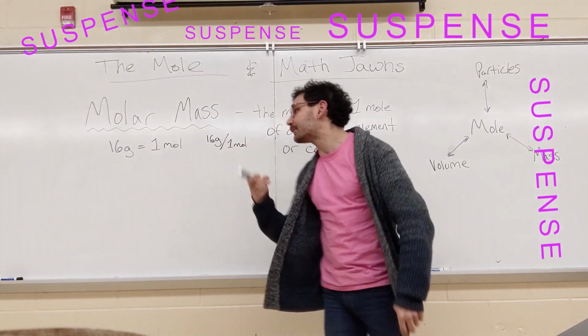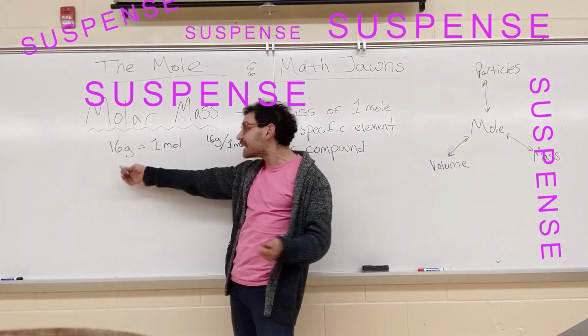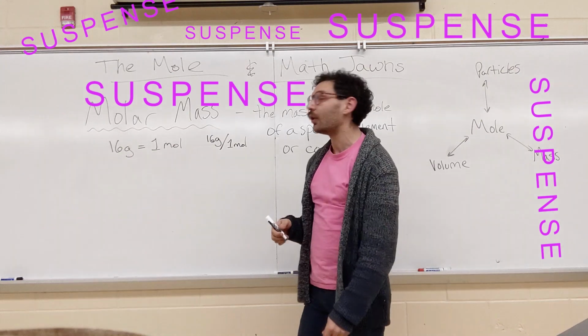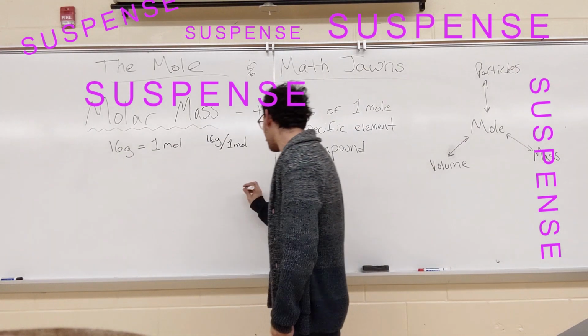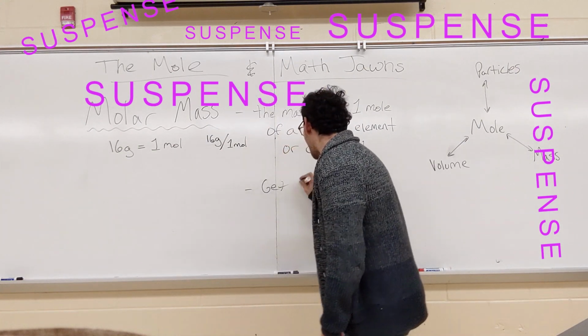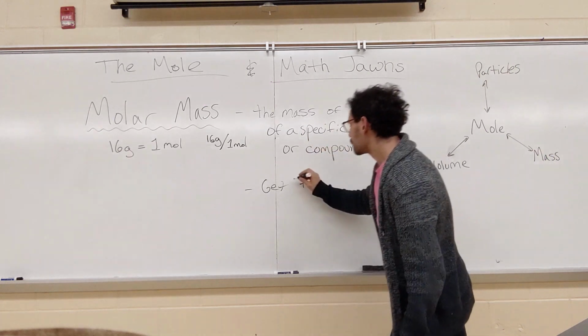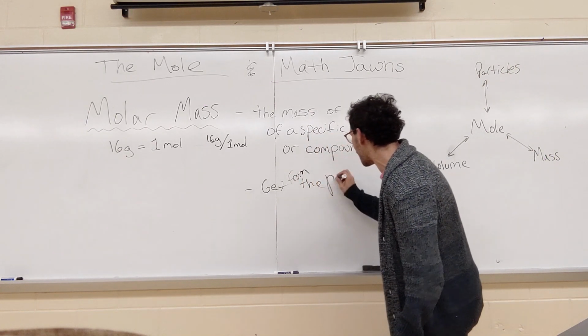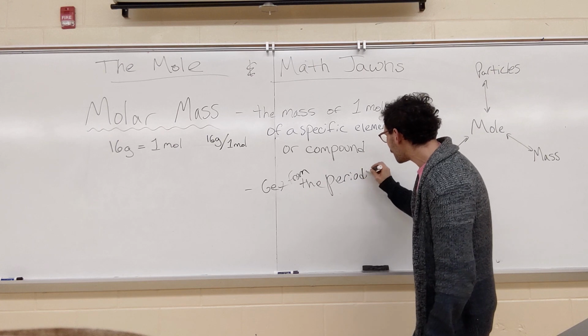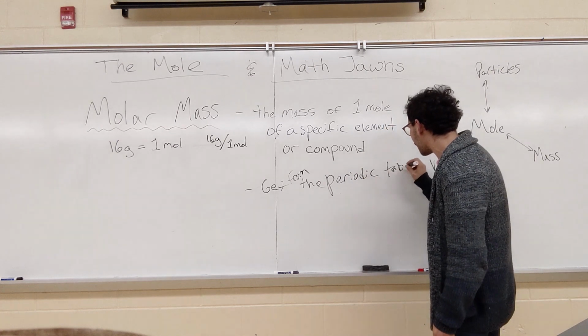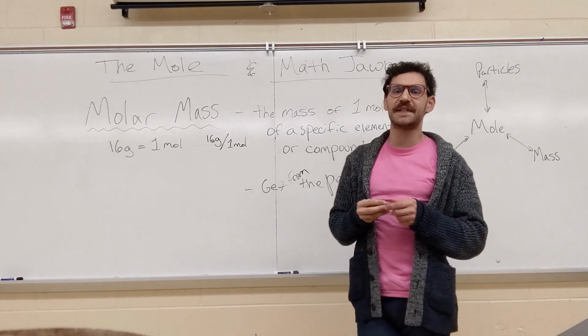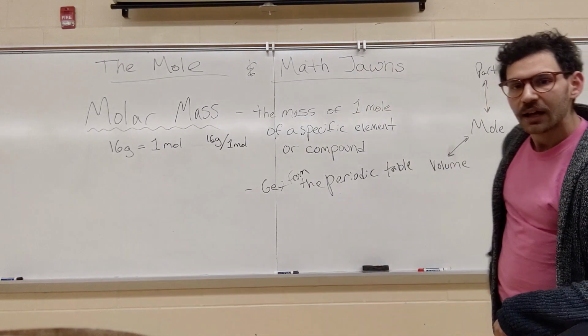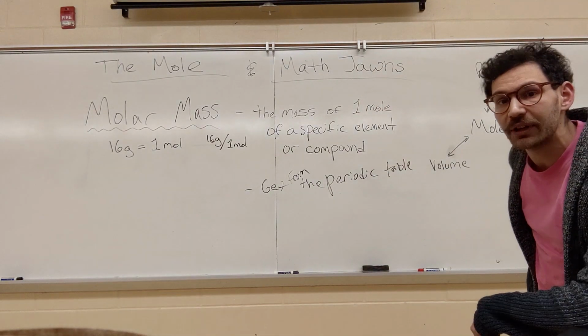And how do we figure out if something's molar mass is 16 grams per mole? Well, the way we're going to do that is we're going to get the molar mass from the periodic table. What? How could we do that? I know the periodic table is super useful in all sorts of situations, but how are we going to get that periodic table to help us with the molar mass?